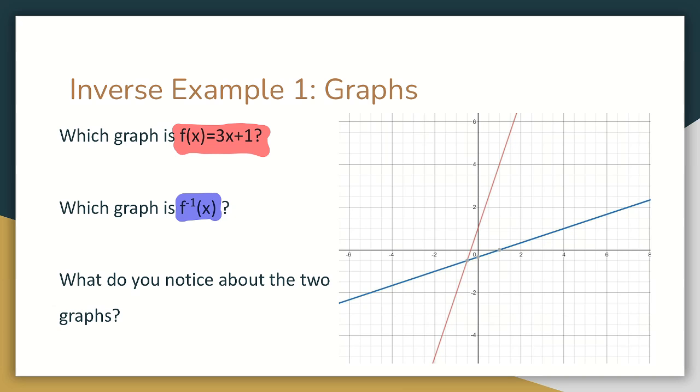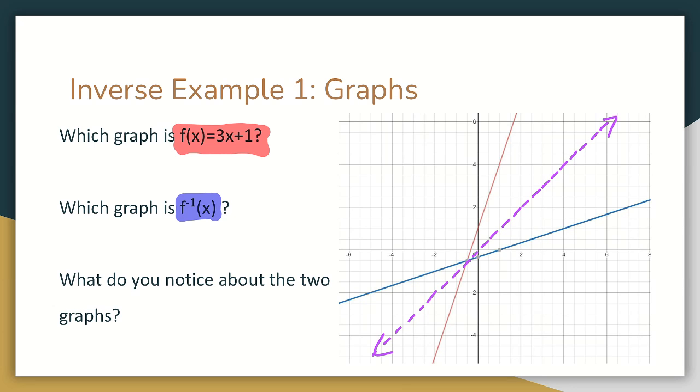Does anyone see the relationship between the original function f and its inverse, f inverse here? Might be kind of hard to see. So it's really cool. What happens is that they are reflections of each other across this line, y equals x.